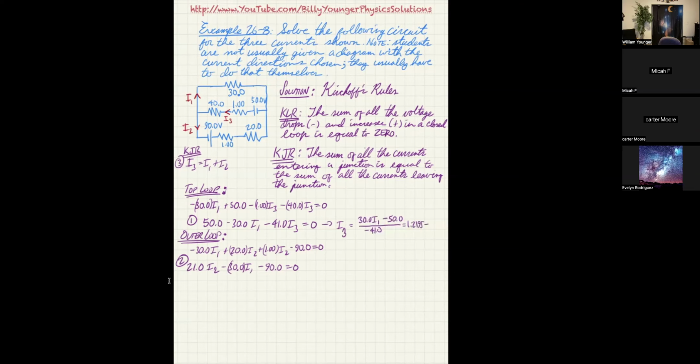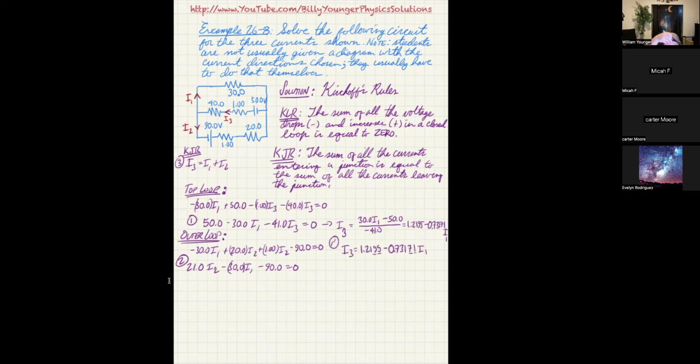That gives me 0.73171 I1. So what I have now is I3 is equal to 1.2195. I ran out of space because of my obsessive compulsiveness with the digits. So 0.73171 I1. So this is what I'm going to call equation 1 prime.